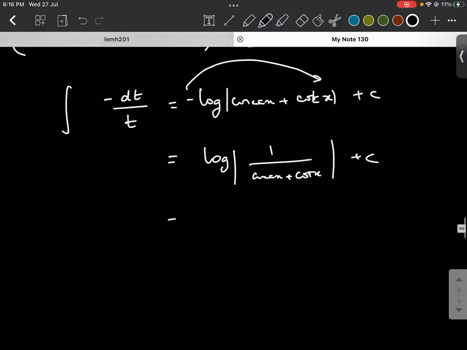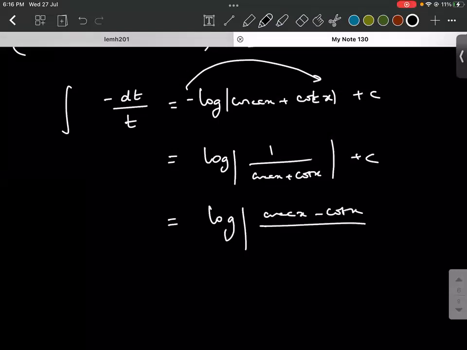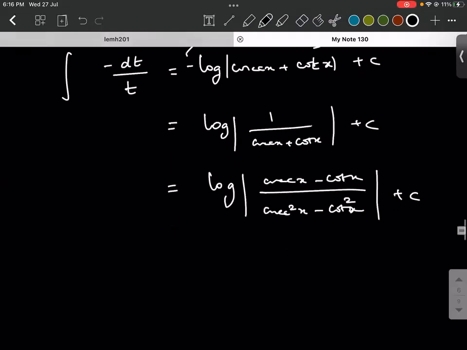So I will have log of cosecant x minus cot x divided by cosecant square x minus cot square x. Am I clear with this step? So what will happen to the denominator? Denominator will be 1. So the integral is log of cosecant x minus cot x. Is the point clear, guys?